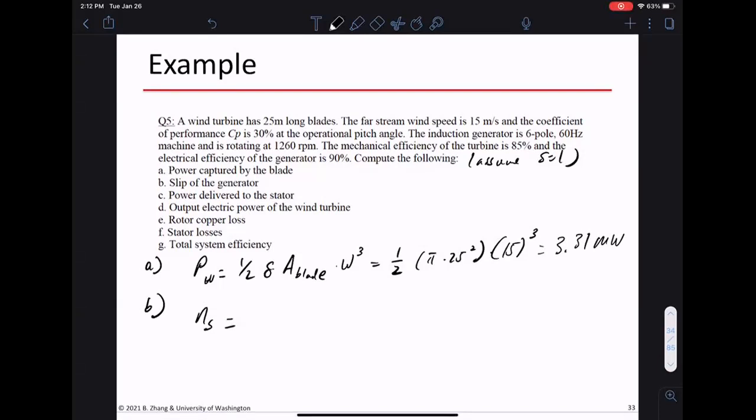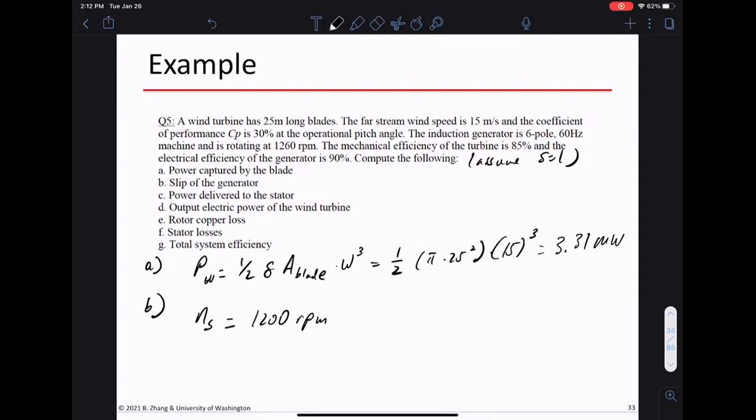You actually don't need to use the pole equation. Since we know the slip gets small and there are only so many synchronous speeds, if the speed of the generator is 1260, the synchronous speed has to be 1200 RPM. This is the closest synchronous speed we have.